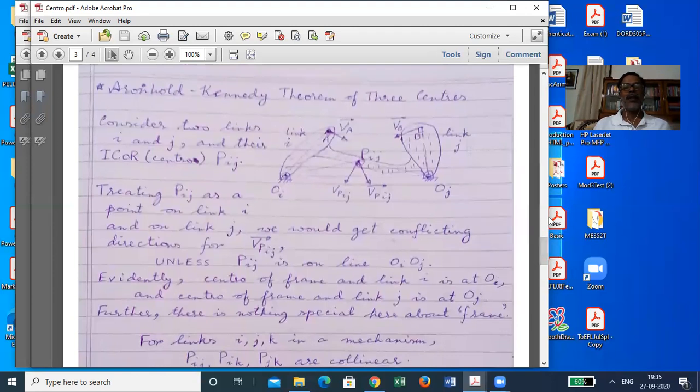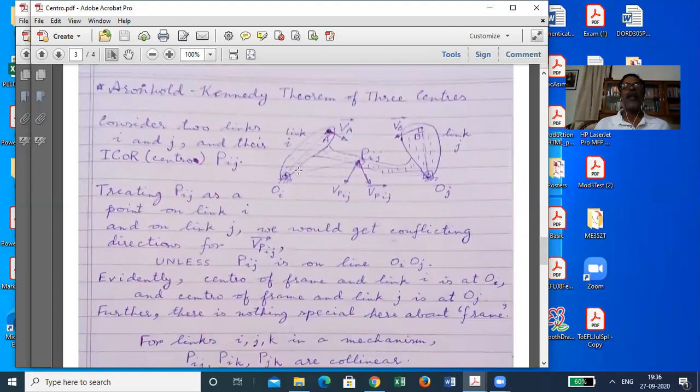This is a very simple, very interesting and quite powerful result called the Aronhold-Kennedy theorem of three centers. For this, consider two links, i and j, with their relative instantaneous center of rotation, or centro, located at point Pij.